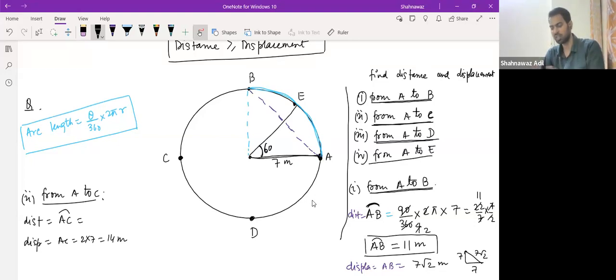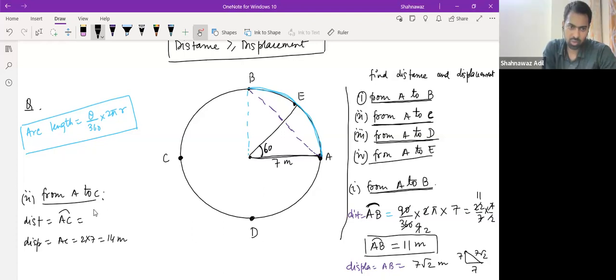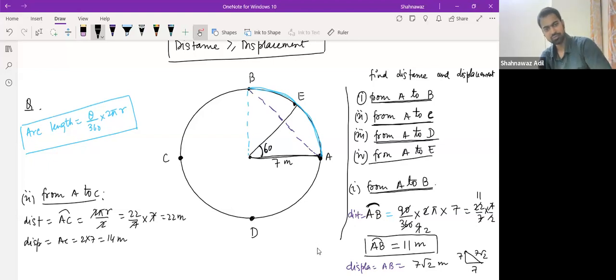So we know that what is the total perimeter or circumference of a circle? 2 pi r. So this would be 2 pi r by 2, right? So as you said, pi r, which is 22 by 7 into 7, right? So 7 cancels, and we have 22 meters.